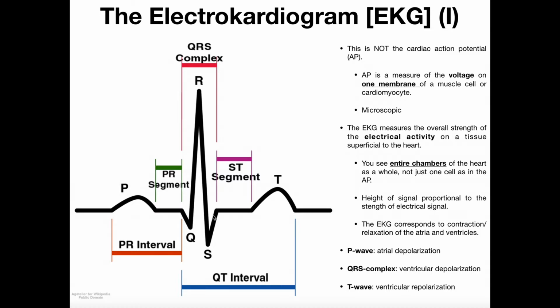And so if somebody on an exam asks you where atrial repolarization is, we don't see it because it's masked by the giant QRS complex. So really the QRS complex is both ventricular depolarization and atrial repolarization, those two electrical events, but we typically associate it with ventricular depolarization and the following mechanical event, ventricular systole.